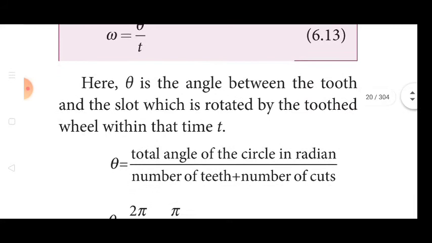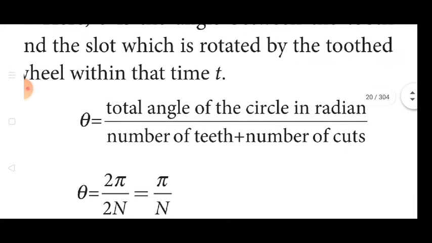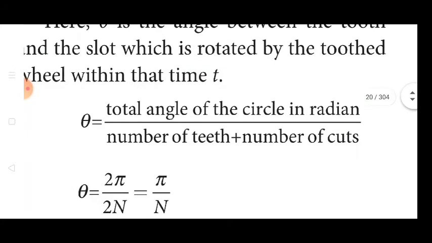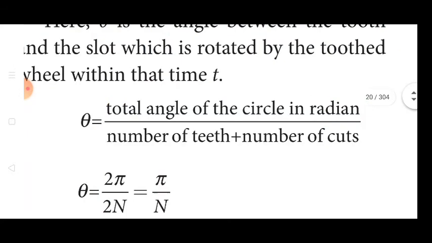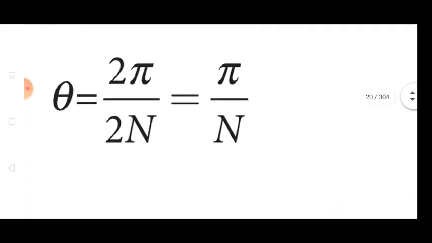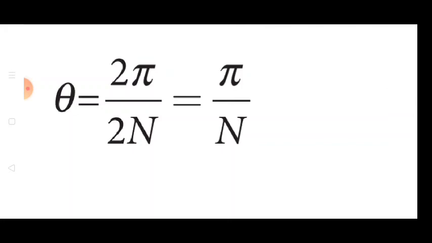So theta is equal to the total angle of the circle in radians divided by the number of teeth plus number of cuts. So theta is equal to 2 pi by 2n, which is equal to pi by n.